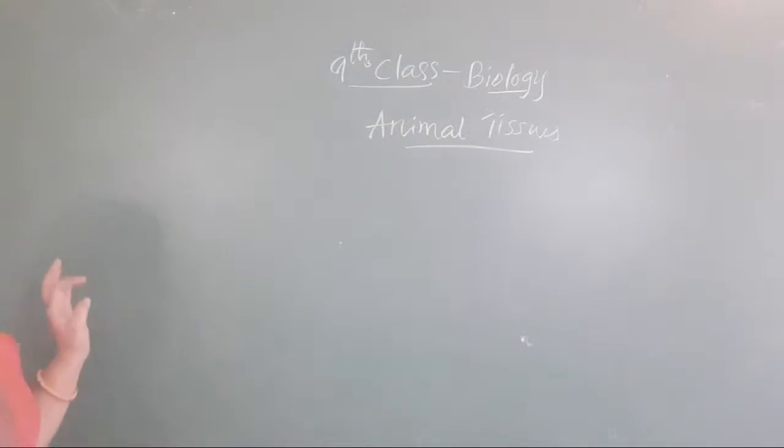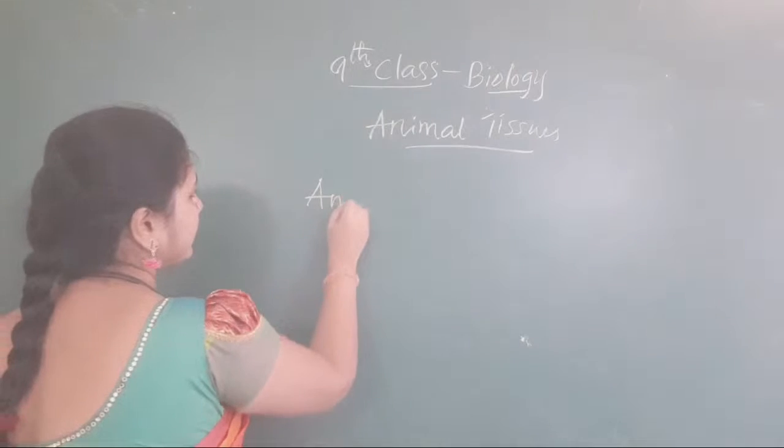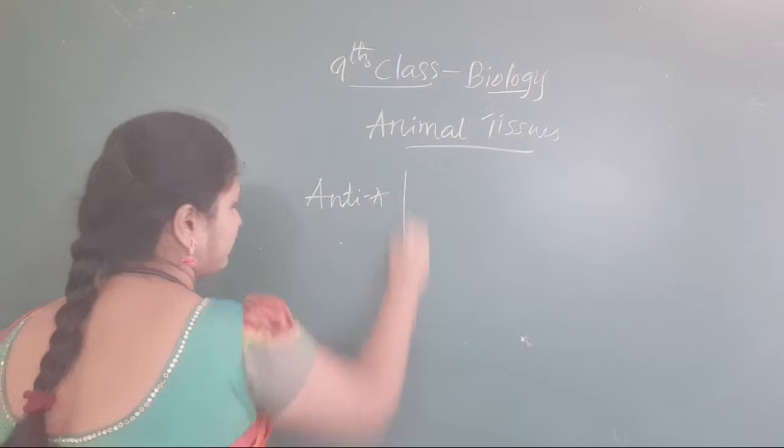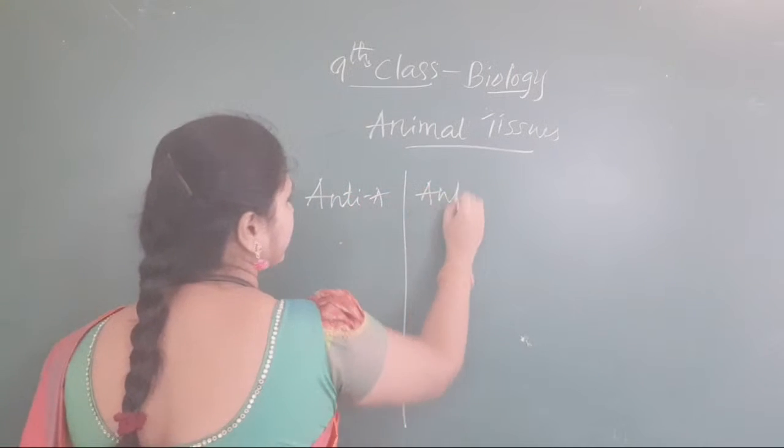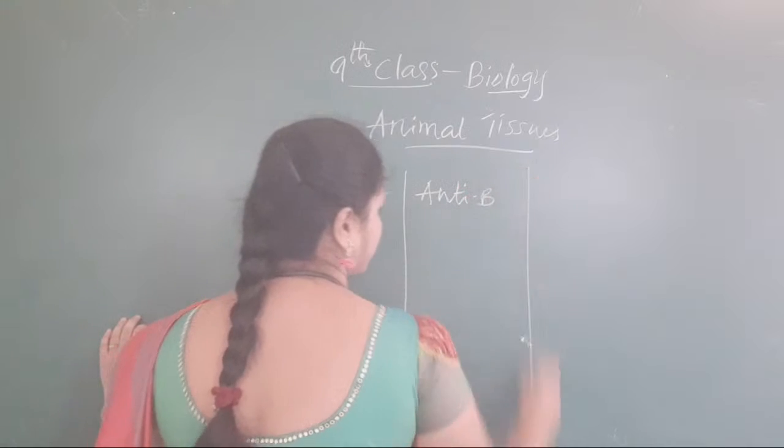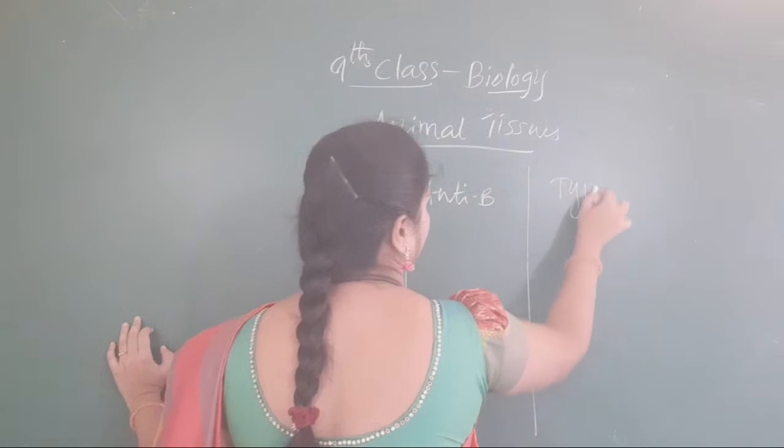I will make a box like this: anti-A, anti-B. So how can we declare that?